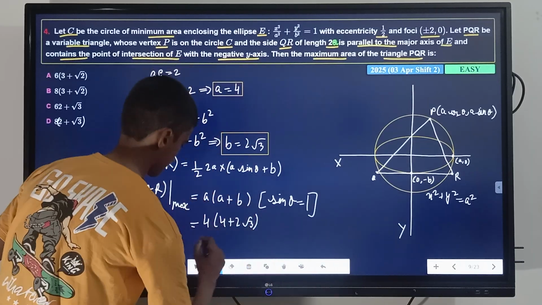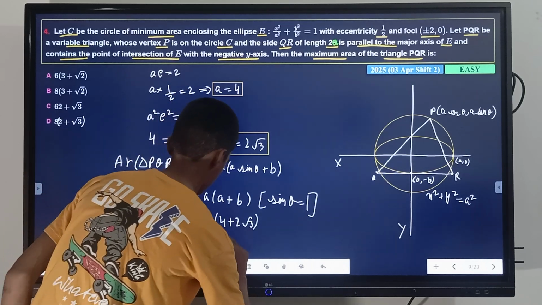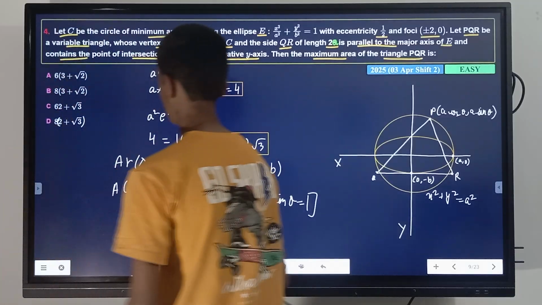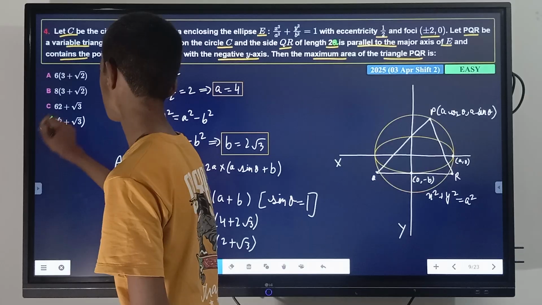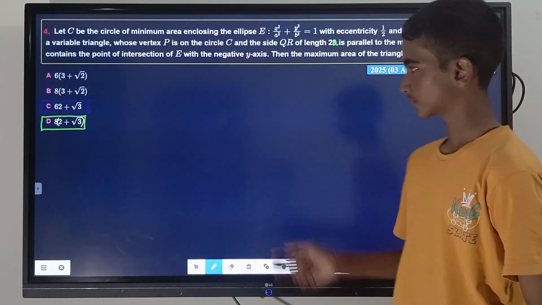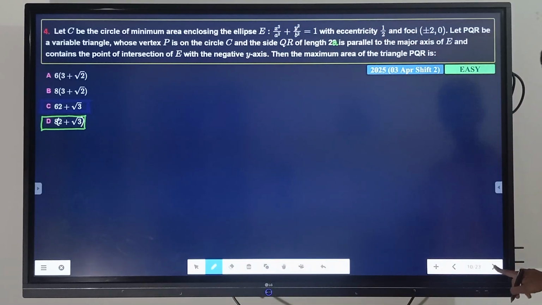Taking 2 common, you will get 8 into 2 plus root 3. So our answer is option D, and here is our solution, and we can see that our answer is correct.